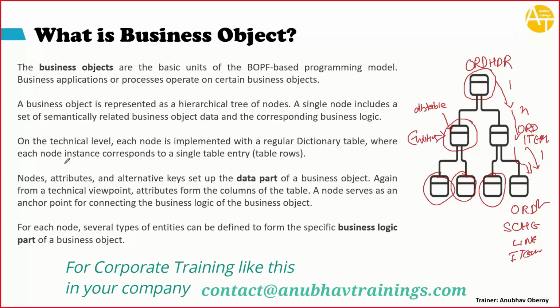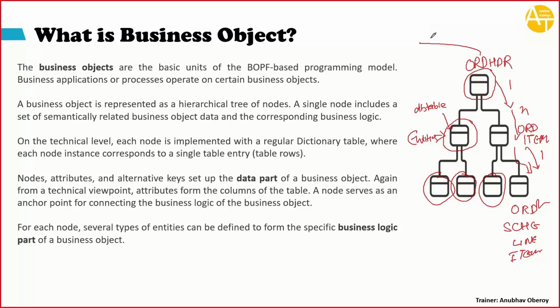Each node instance corresponds to a single table entry. When you instantiate this, let's say this node is order header, and I create an object of this node, that represents a table entry in the database table, which will have order type, sales organization, shipping point, distribution channel, ship-to party, sold-to party.